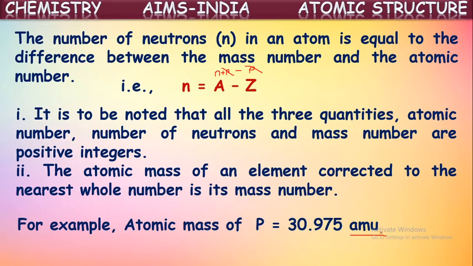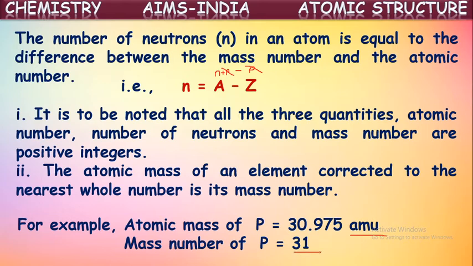It is one of the smallest units of matter, as we know. So in AMUs, the mass of one atom of phosphorus is equal to 30.975. We get a fraction value in decimals here. If the same value is corrected to the nearest whole number, that gives its mass number. So the mass number of phosphorus is equal to 31, because the nearest whole number is 31.